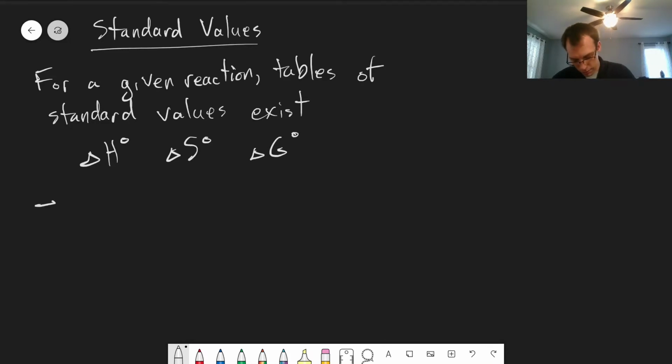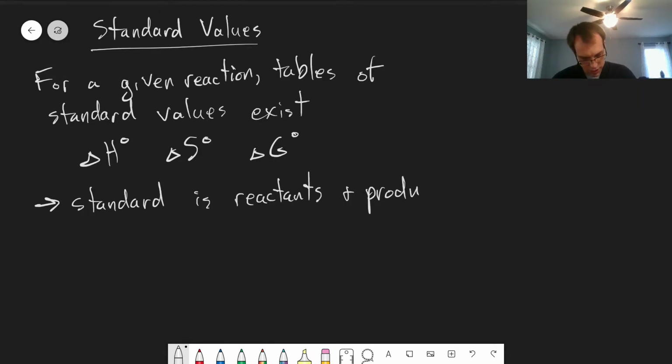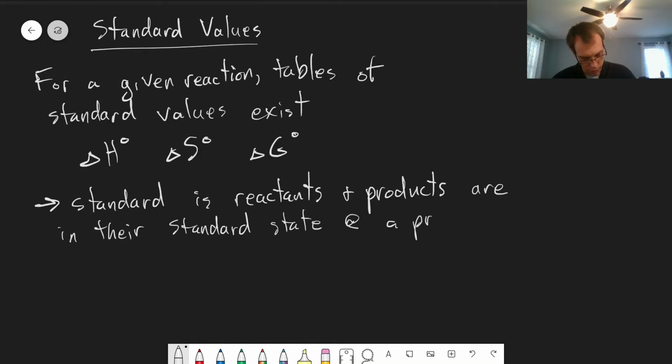The standard that we define is that all of our reactants and products are in their standard state at a pressure of 1 bar, which is close to 1 atmosphere.